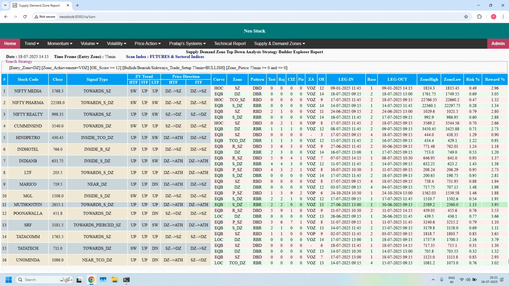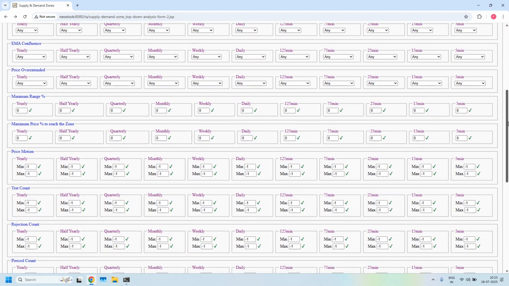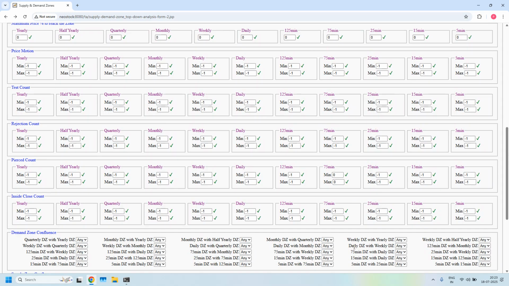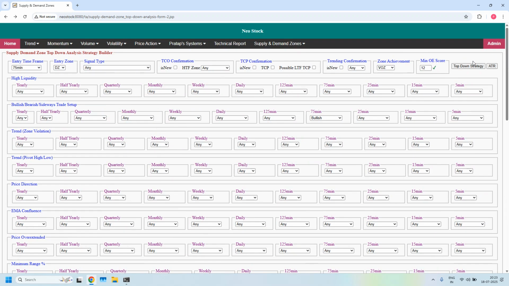Out of these 16, 75 minutes demand zones, there could be some high probability trade setup supported zones available. Let us filter them based on zone confluence and EMA confluence filters that I already explained for the monthly income trade reports. So quickly I will generate the reports. So first filter, 75 on daily demand zone confluence, applying on the 16 stocks.